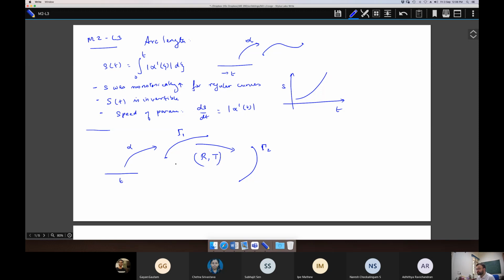Any thoughts? So I'm looking for, gamma 2 is also a curve. What's the parameterization of gamma 2 over this parameter small t? Anyone else? Sir, R and T will be applied over alpha. Correct, it is like a transformation.